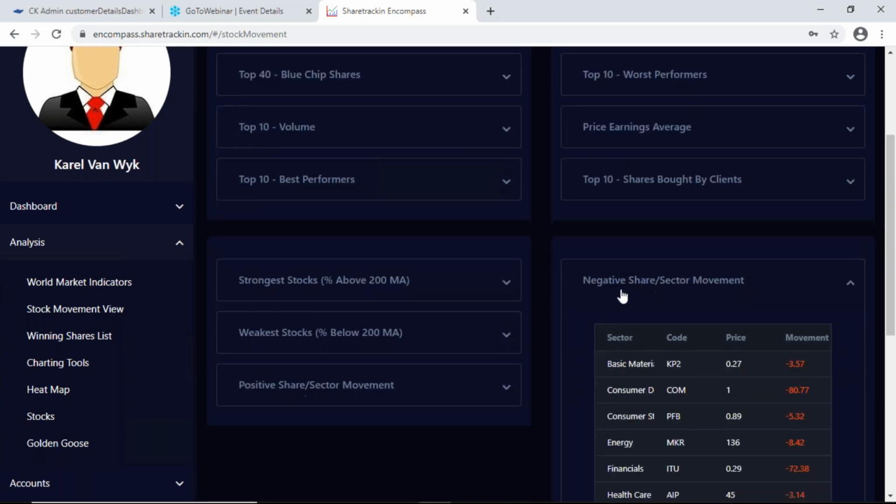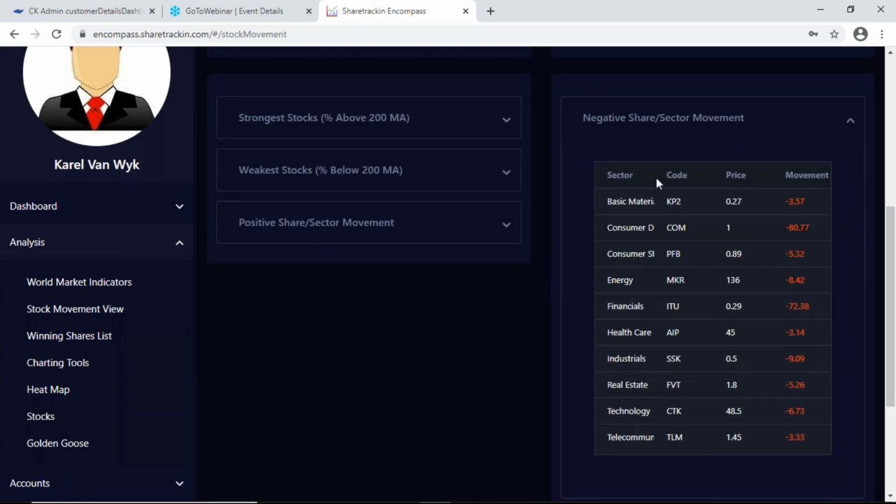If I then go to negative share sector movement, it gives me the company that's performing the worst in its sector for the day. In other words, KP2 is performing the worst in the basic materials sector for today. The price is 27 cents and it went negative by 3.57%.